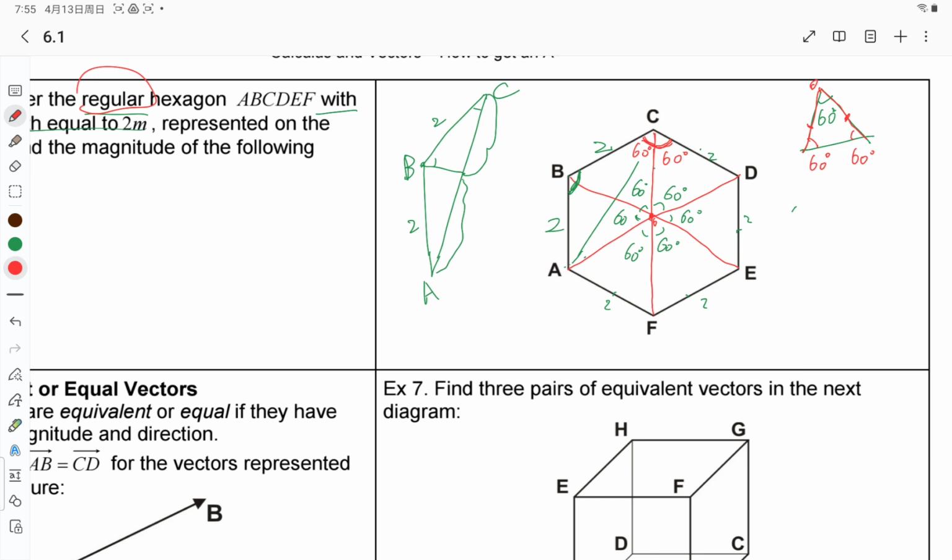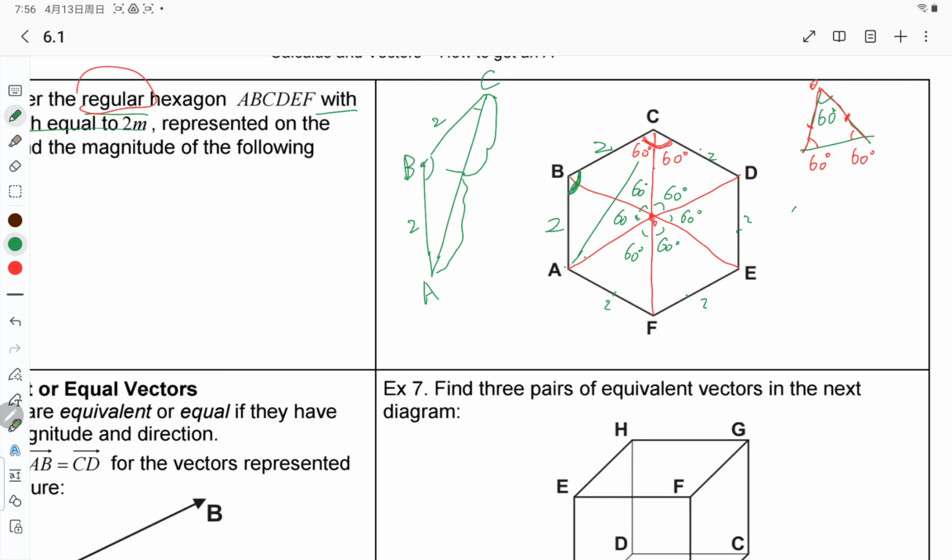Yeah, so this whole angle, we know it, and so this angle, we will know it, right? This angle will be, what is this angle? It's here, right? So you make a guess and then we compare, right?